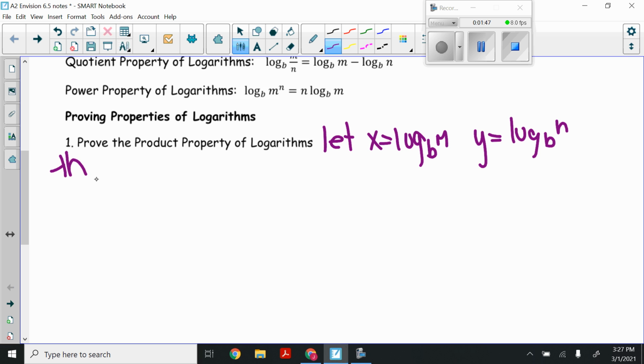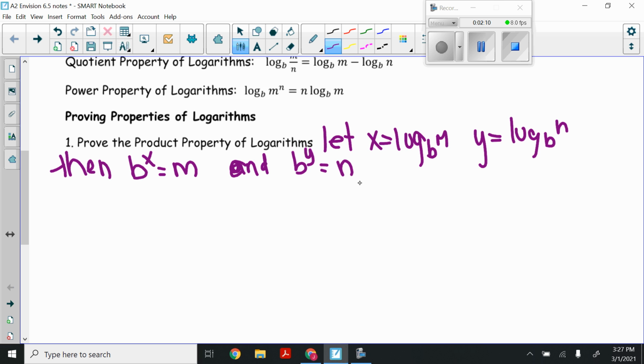Then if I change the first one, x equals log base b of m, to an exponential, I have b to the x power equals m. And if I change the second one to an exponential, I have b to the y power equals n.